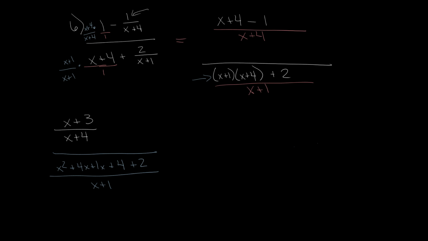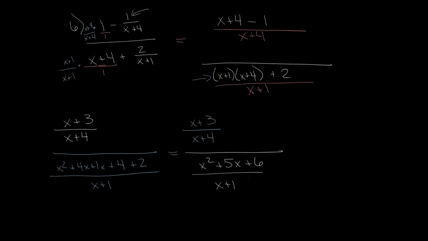All right, so my next step would be to simplify that a little bit. So we've got x plus 3 over x plus 4. That is all over, let's get this together. Okay, so we've got x squared, 4x plus 1x is 5x, 4 plus 2 is 6, and that's over x plus 1.